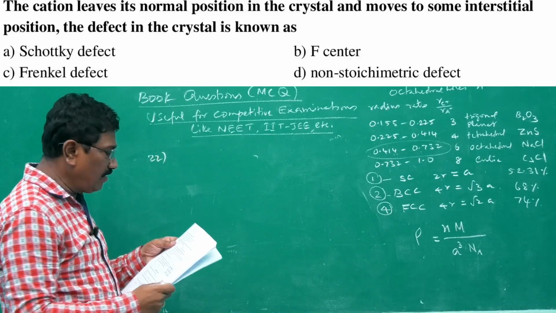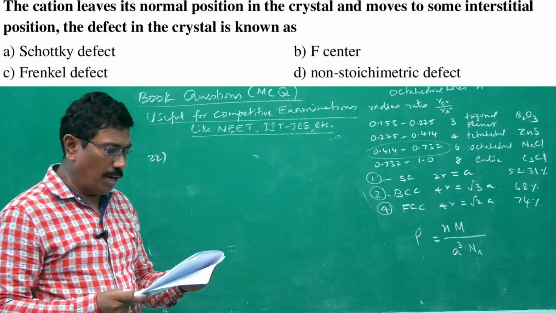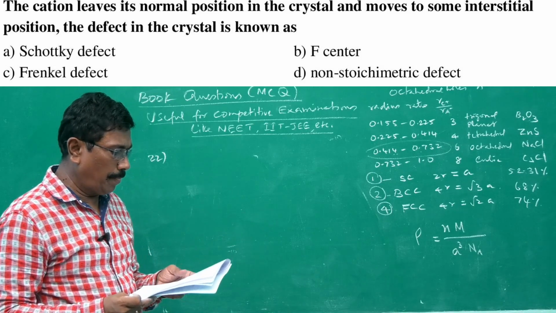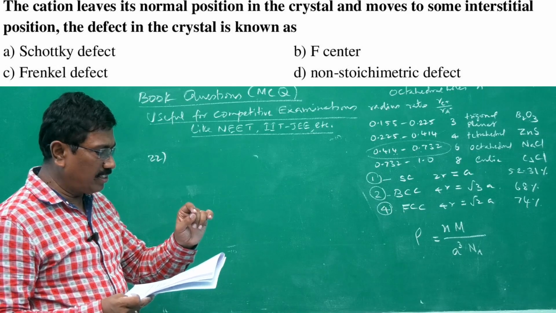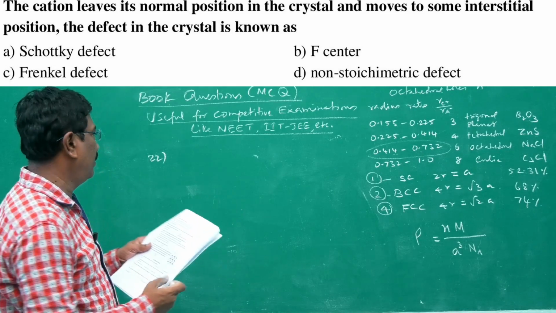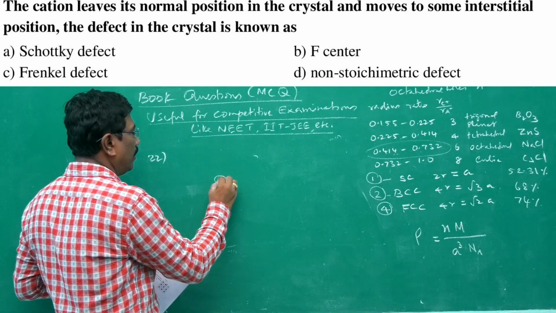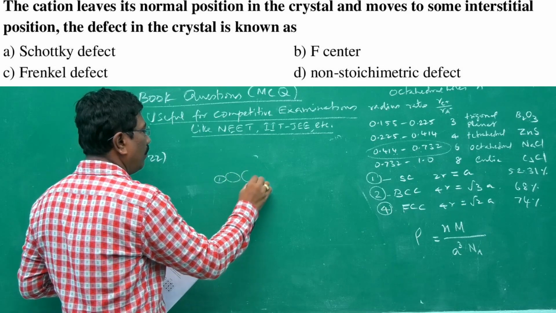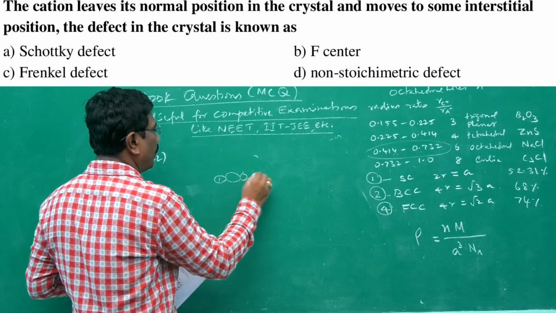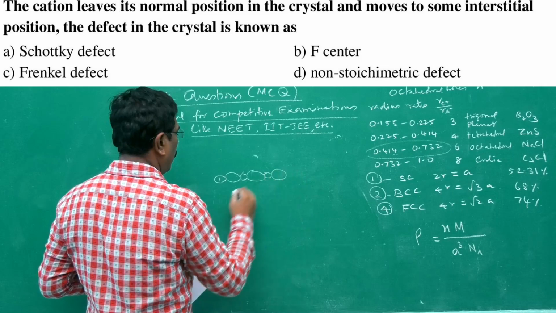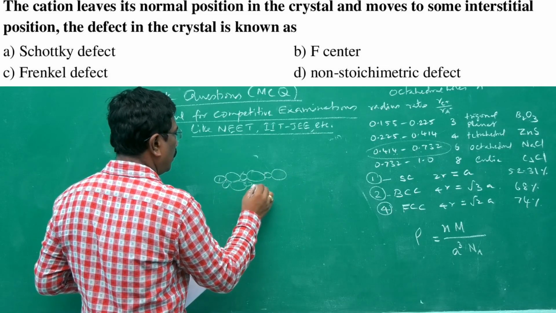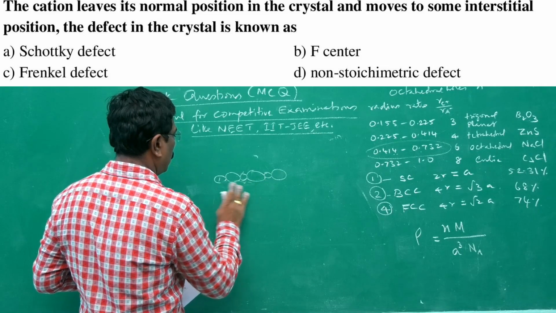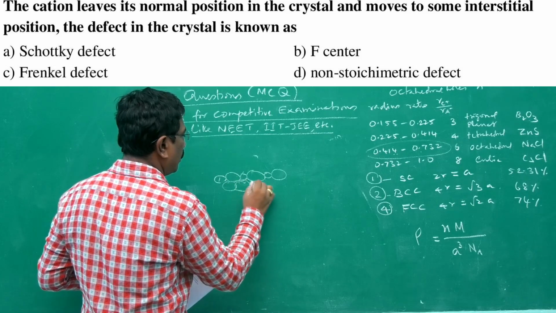The cation leaves its normal position in the crystal and moves to some interstitial position. The defect in the crystal is known as Frenkel defect. Maybe silver bromide. So, we have silver ion, bromide ion, silver ion, bromide ion, likewise.